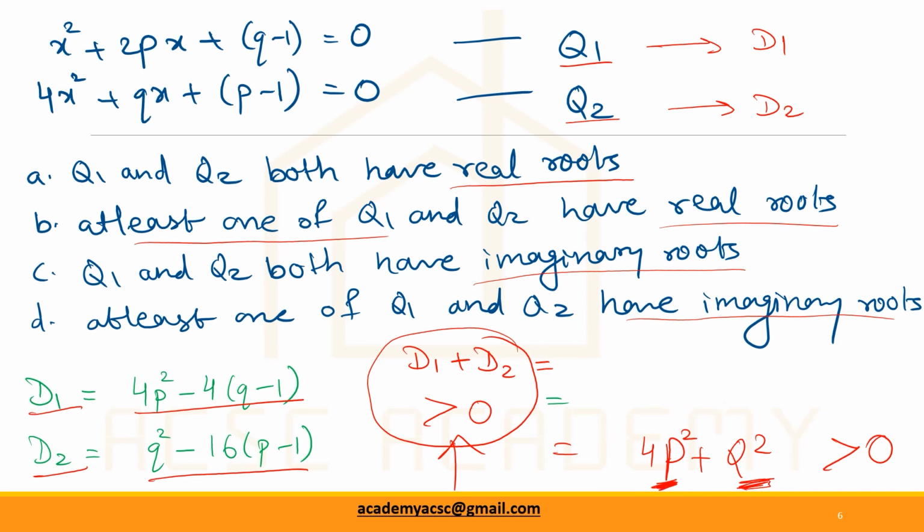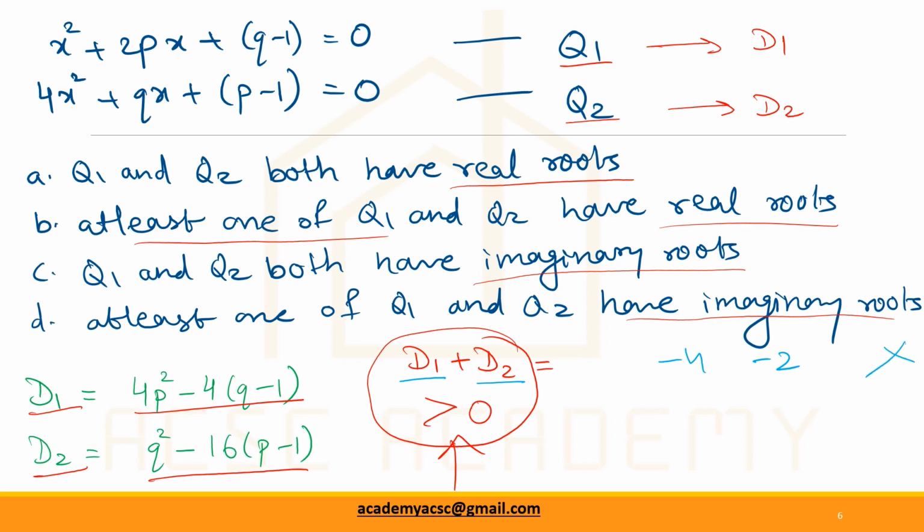Alright, now when we know that the sum of two numbers, which in this case are d1 and d2, is greater than 0, then for sure at least one of them has to be positive, right? Both of them cannot be negative. If I have minus 4 and minus 2, can their sum ever be positive? No, it cannot.